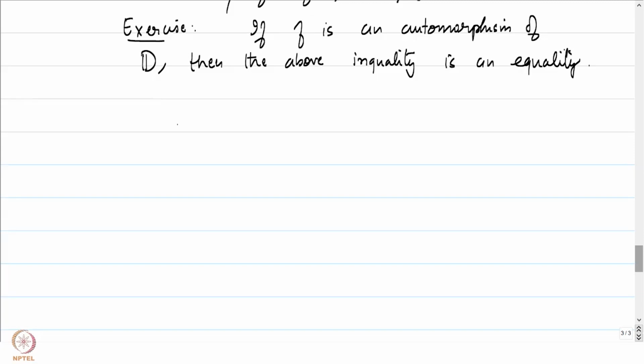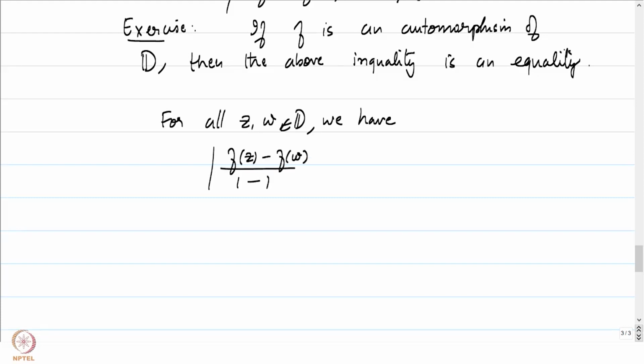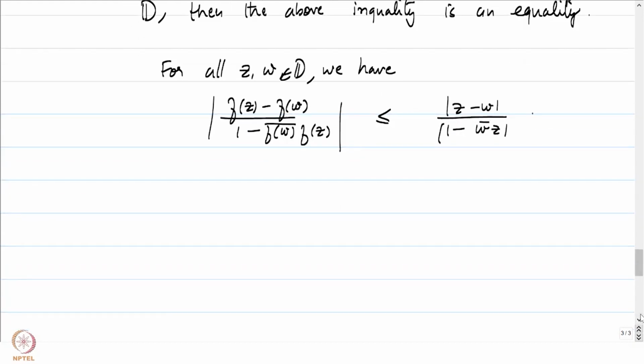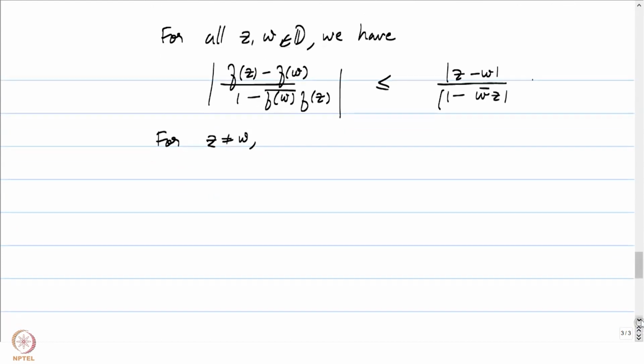So what did we just establish? We just established that for all Z comma W in the unit disk, the absolute value of f of Z minus f of W by 1 minus f of W bar times f of Z is less than or equal to the absolute value of Z minus W by 1 minus W bar times Z. Now, for Z not equal to W, let's see what happens.